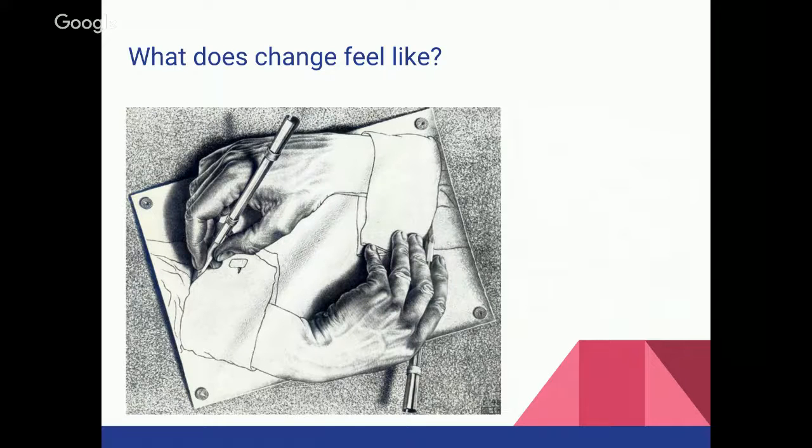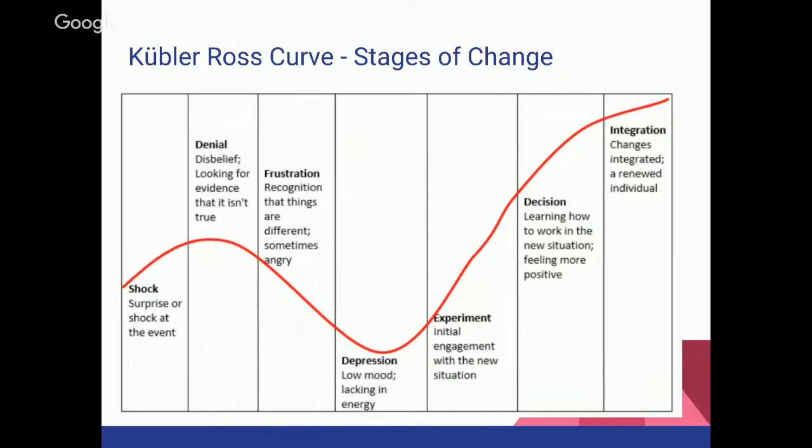And most of you probably have seen the Kübler-Ross curve, the stages of change. The first stage is shock and surprise. People go into denial and frustration, and reach a low point while learning new things. Then people experiment. With more confidence, they reach acceptance and are able to integrate the new ways into their daily work. For each person, the various stages have different facets. Some linger in certain stages longer than others, and it's your job as a leader and as a trainer to guide people through it.